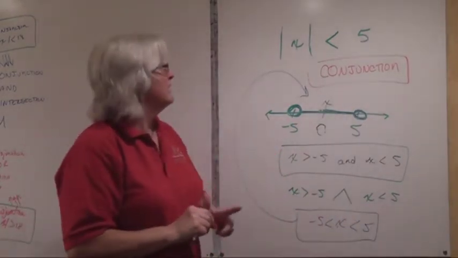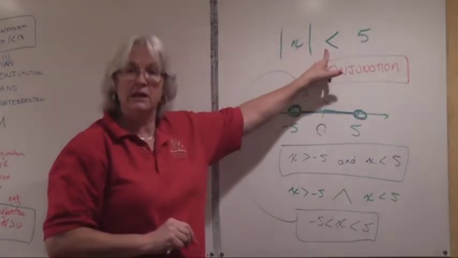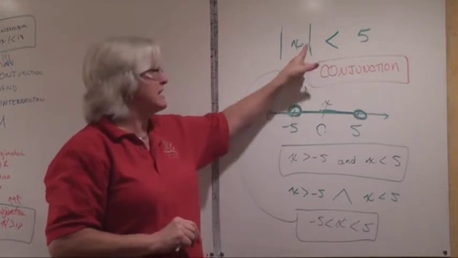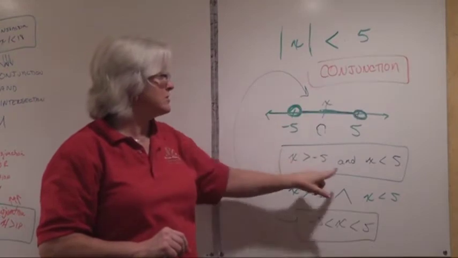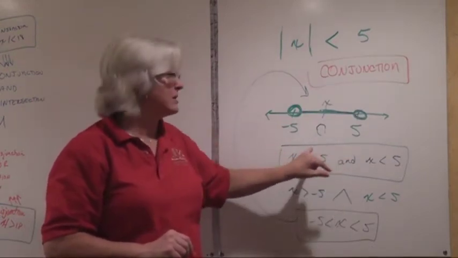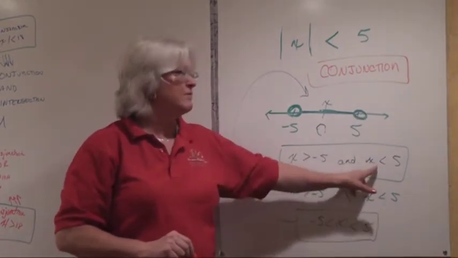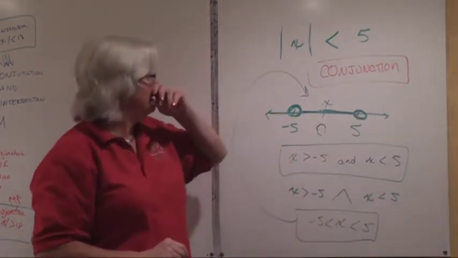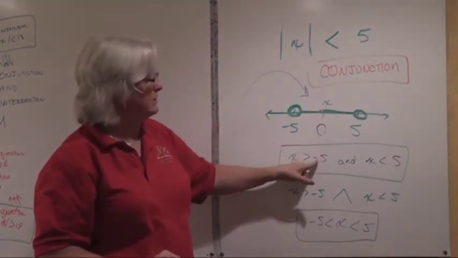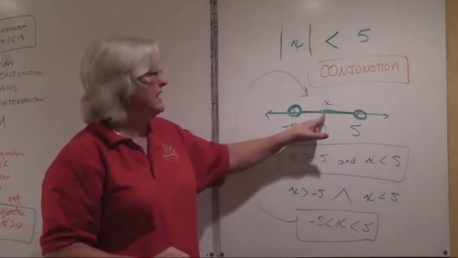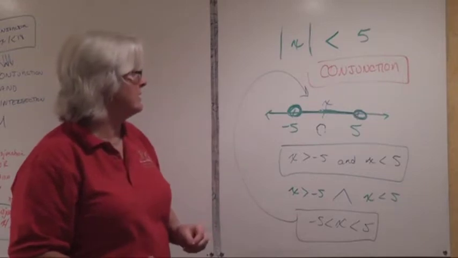When you have an absolute value inequality that uses less than or equal to, it is a conjunction. Conjunctions are "and" statements, two statements connected by an "and." Both of those must be true. You see our picture here. X is both greater than -5 and less than +5 at the same time.